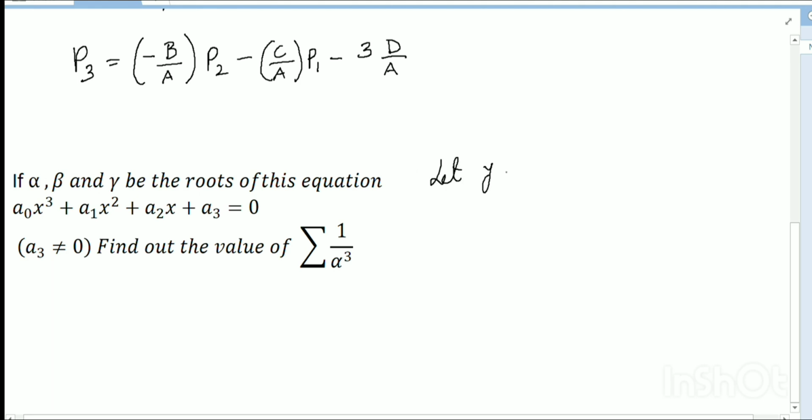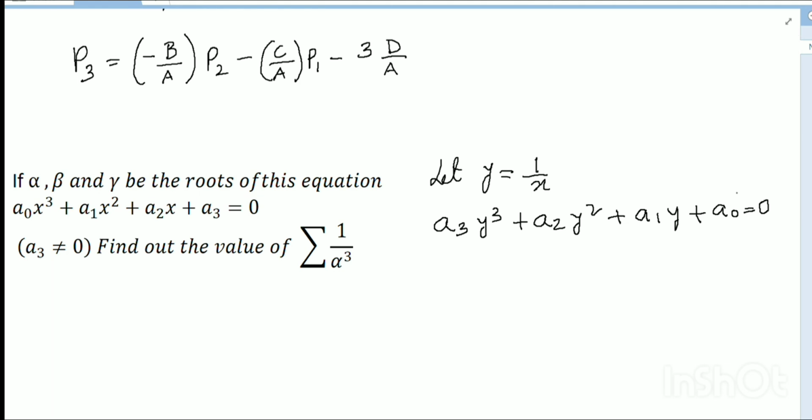At first I have to change. Let y is equal to 1 by x. So a3 y cube plus a2 y square plus a1 y plus a0 is equal to 0. Now therefore the roots of the equation are 1 by alpha. So 1 by alpha plus 1 by beta plus 1 by gamma equals minus a2 by a3.